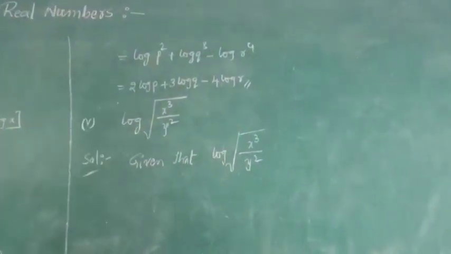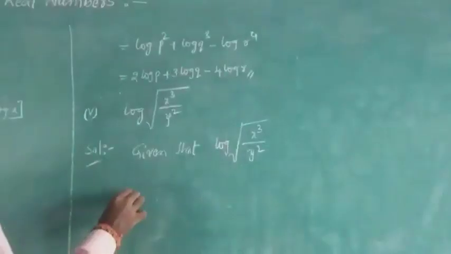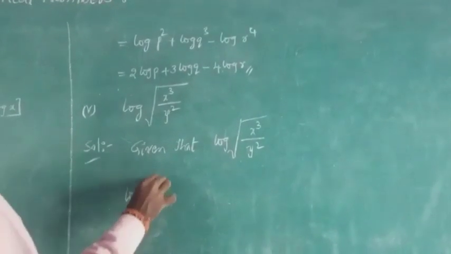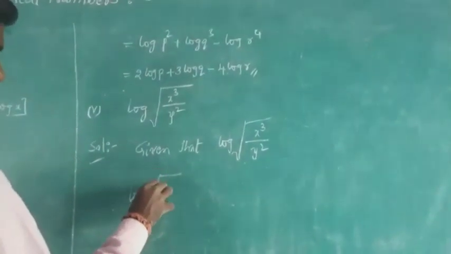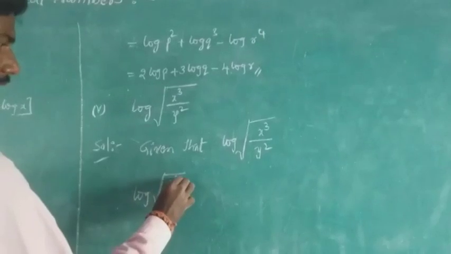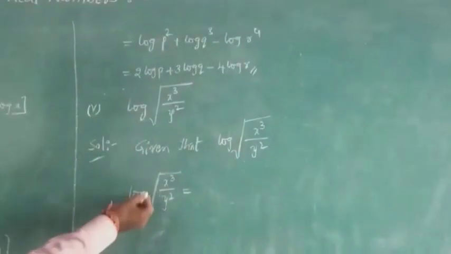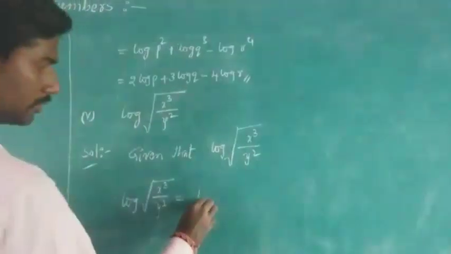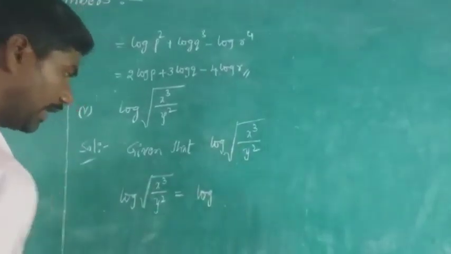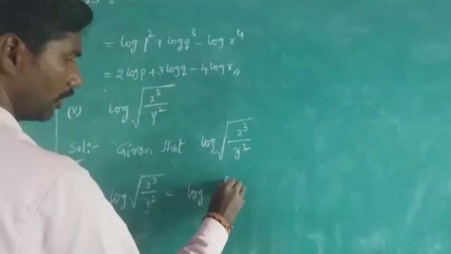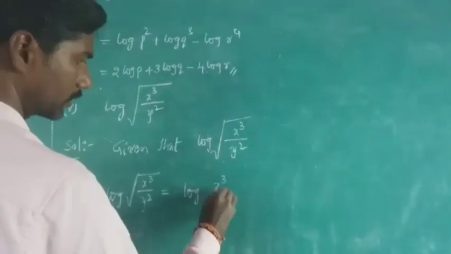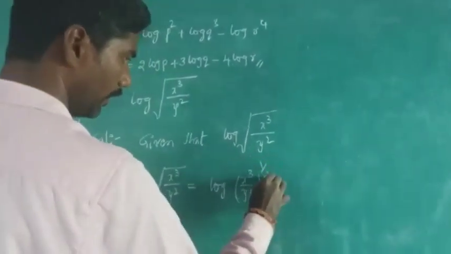For this also you need to write the expanded form. So first of all you remove this square root. So you can write it as log of x to the power of 3 by y square whole to the power of 1 by 2.